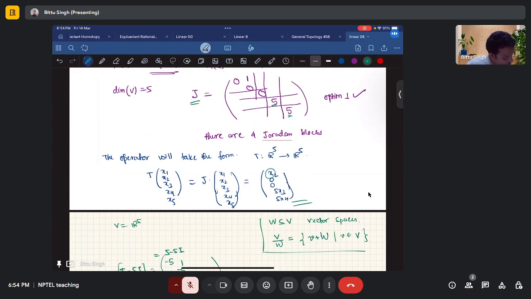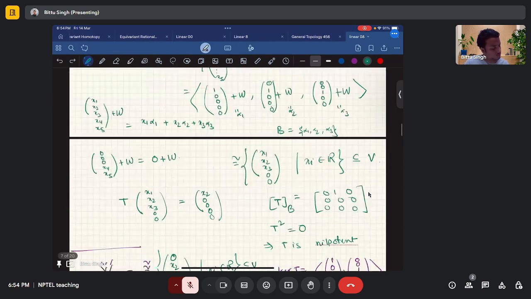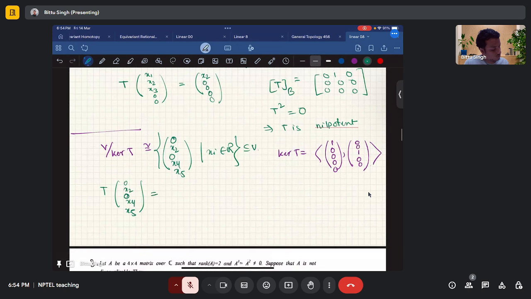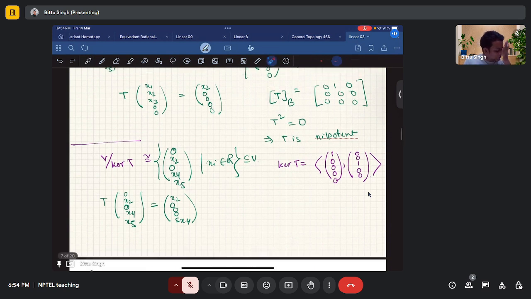Sorry, only x1 will be removed because x3 is 0. So it will take the form x2, 0, 0, 0, and the last entry is 5x4. But we can easily see this is not actually a scalar matrix, right?